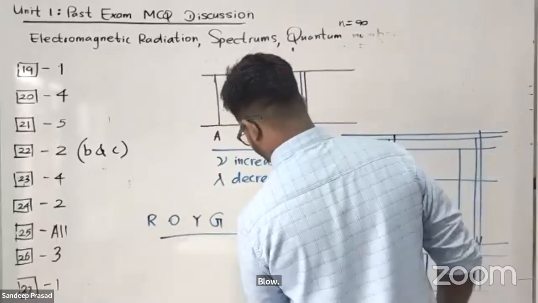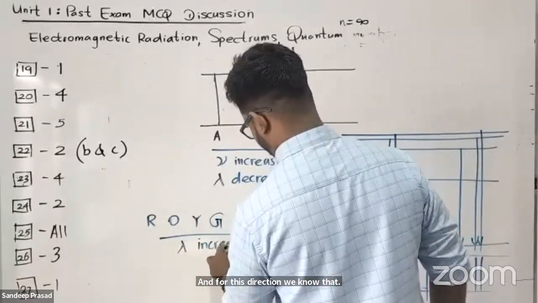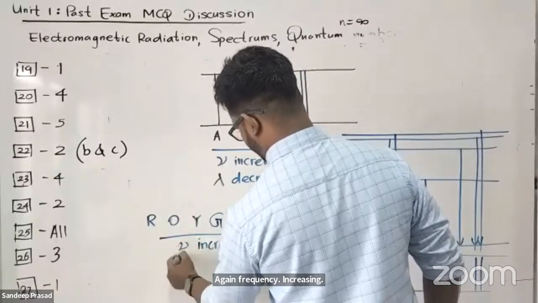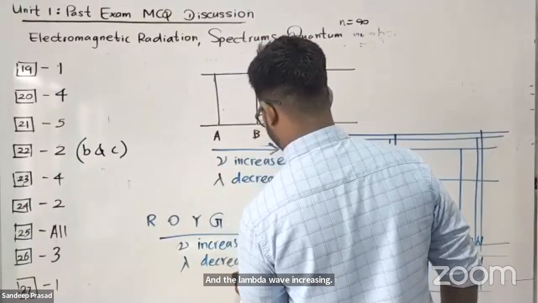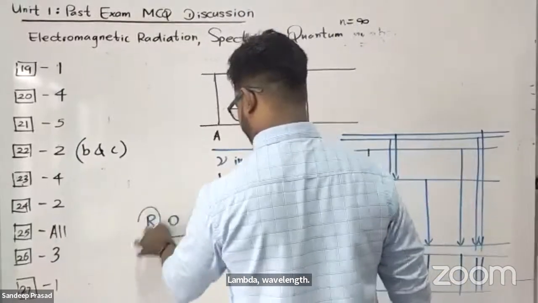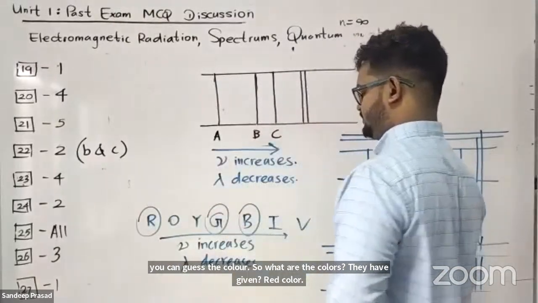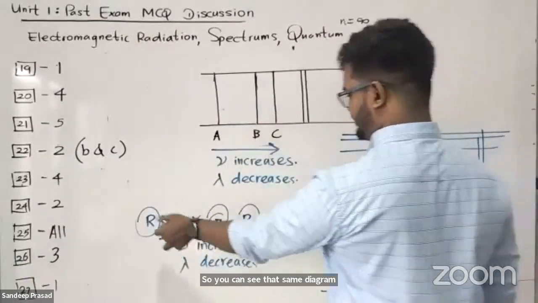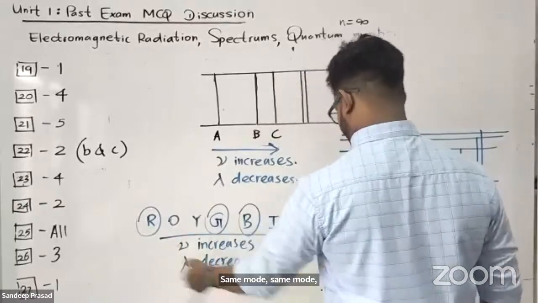And for this direction, again frequency is increasing and lambda, wavelength, is decreasing. Now you can guess the colors. Red color, green color, and blue color. So you can see the same diagram, same order, frequency increasing, lambda decreasing.